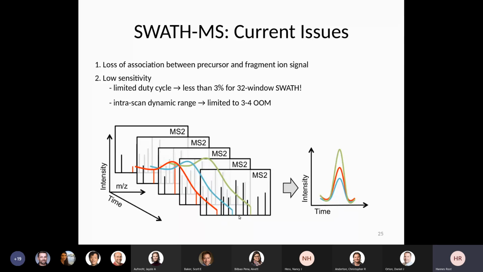So we are limited to about 3 to 4 orders of magnitude of intrascan dynamic range. So the dynamic range you can achieve within one single MS2 scan. And this is basically what I will talk about today in terms of novel technology development and where we believe that ion mobility can play a big role.